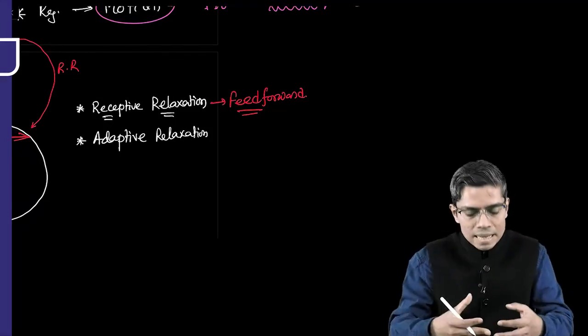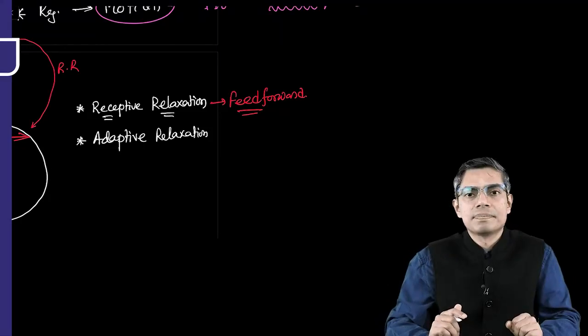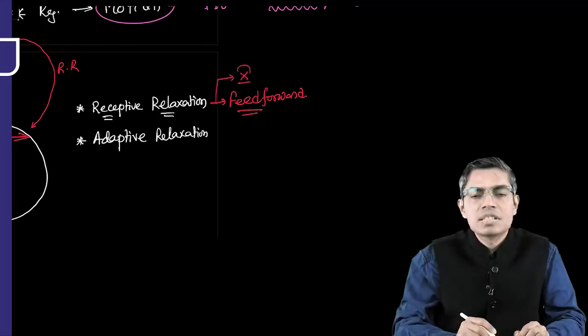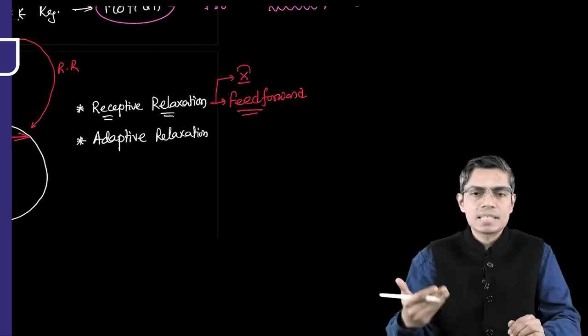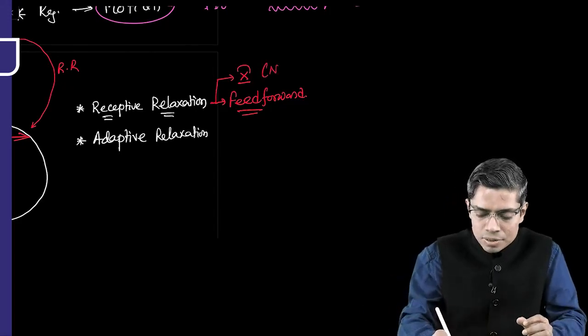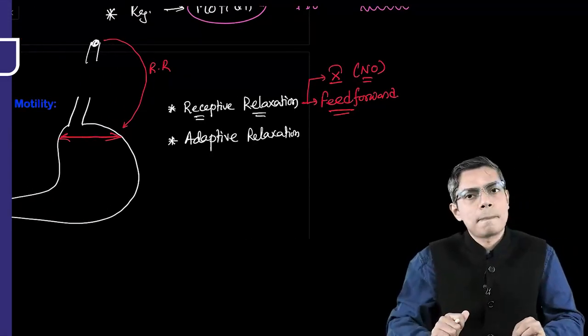The mechanism of receptive relaxation is mediated by the vagus reflex pathway, and the actual relaxation is done by the neurotransmitter nitric oxide, secreted at the level of the smooth muscle, right?